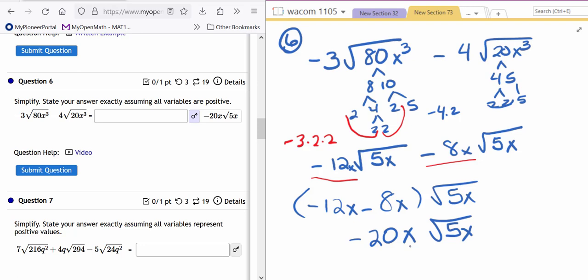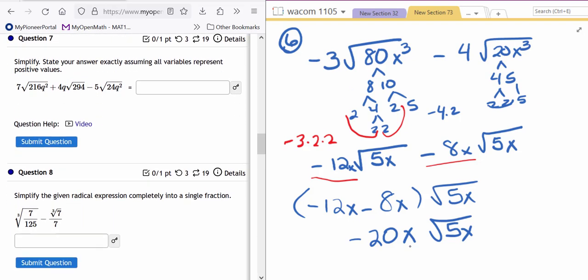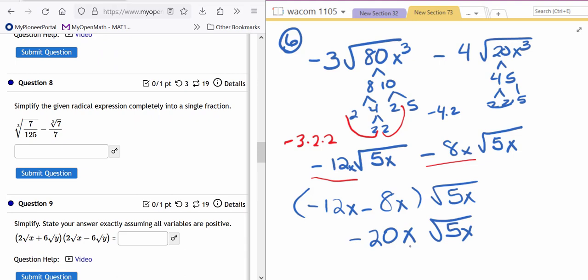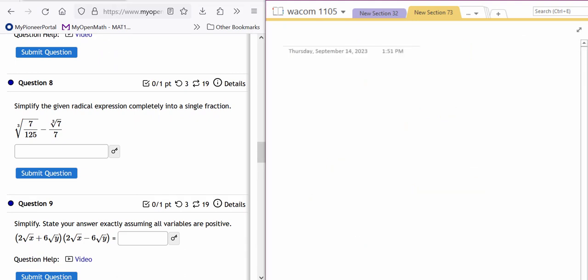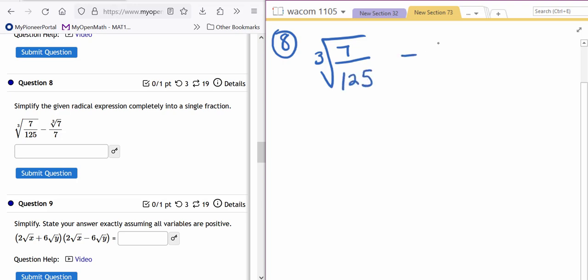Good. All right, so we're going to skip 7. Number 8 is a little tricky. So we'll do it. This is one where you don't want to put the radical, it's already in 1. You are going to actually have to break it into 2. There is nothing you can do under here, so we'll break it into 2 pieces.